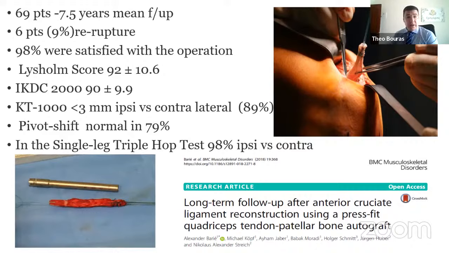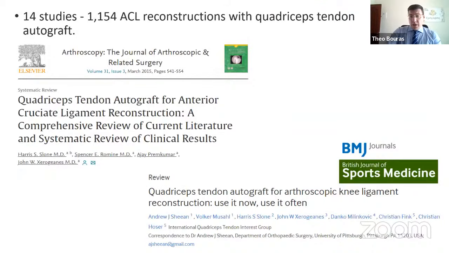The interesting thing in this study is that they compared the 2 legs, the operated leg and the other leg, using single leg triple hop and KT1000 for stability, and they found 98 and 89% similar results, and in almost 80% of the patients the pivot shift was normal. I close quads with these 2 studies because they are talking in favor of the quad tendon.